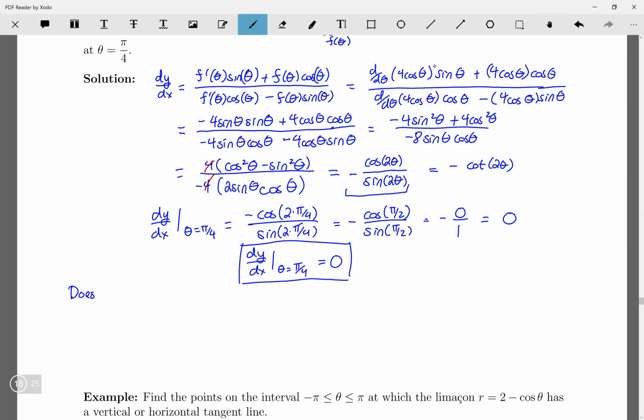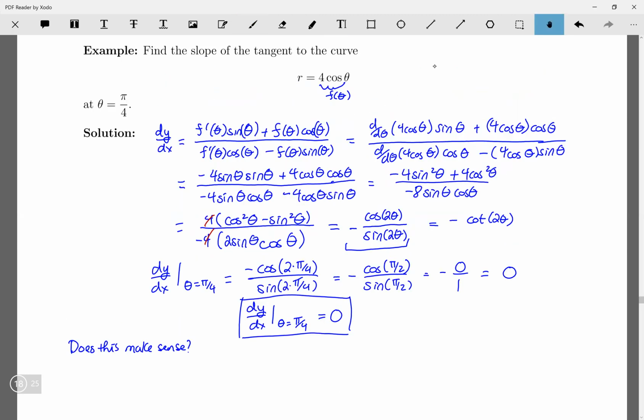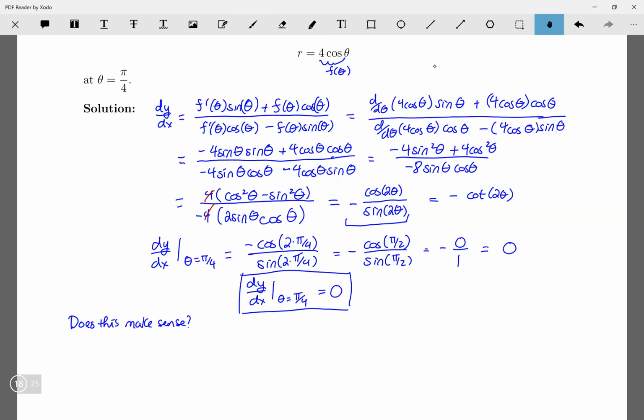Sometimes we want to ask ourselves questions like, does this make sense, especially if we want to review things? And so what I'm going to do is sketch the curve r equals 4 cosine theta. From yesterday, we know that this is a circle.